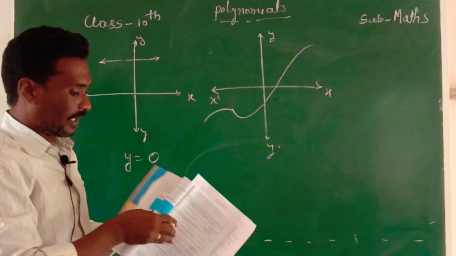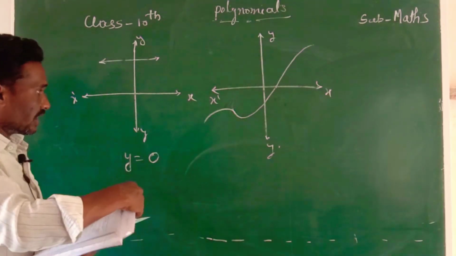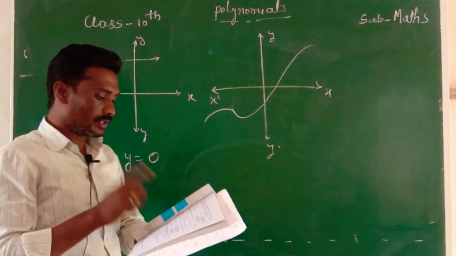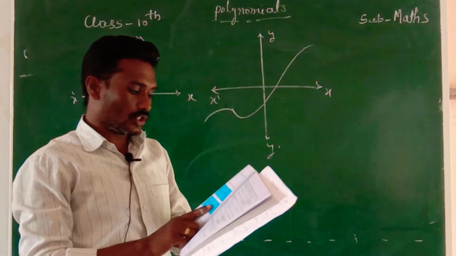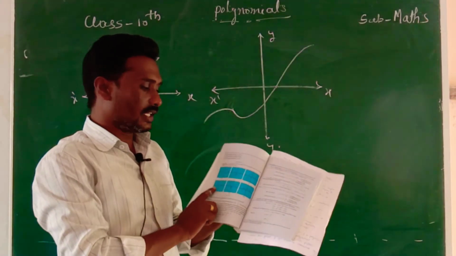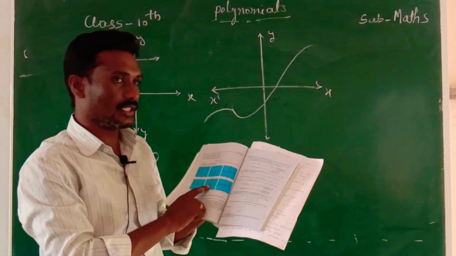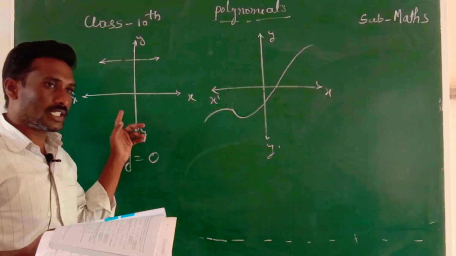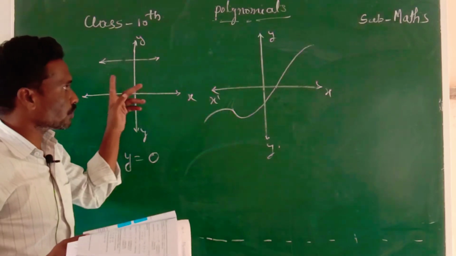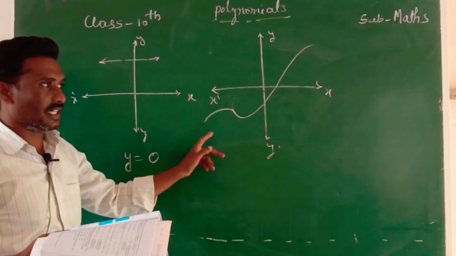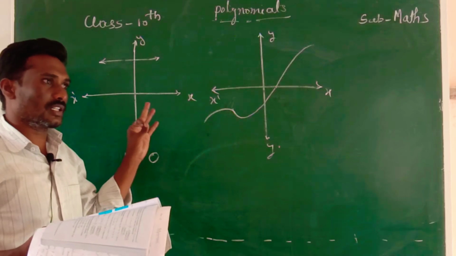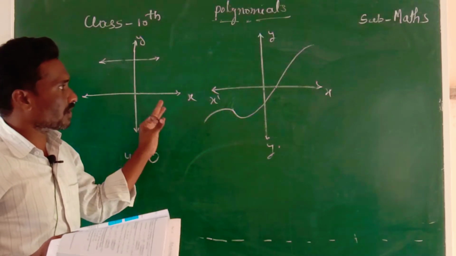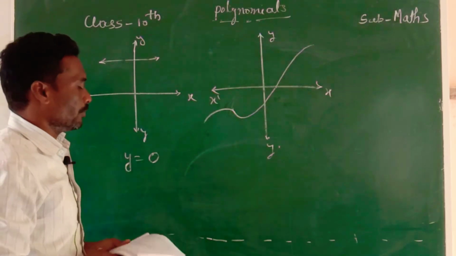So we can identify like this, and the remaining are in your textbook. They have given diagrams just to try and see how many zeros are there for the given figures. How to identify: I told you, how many times the graph line intersects the x-axis, those are the zeros of the given polynomial.